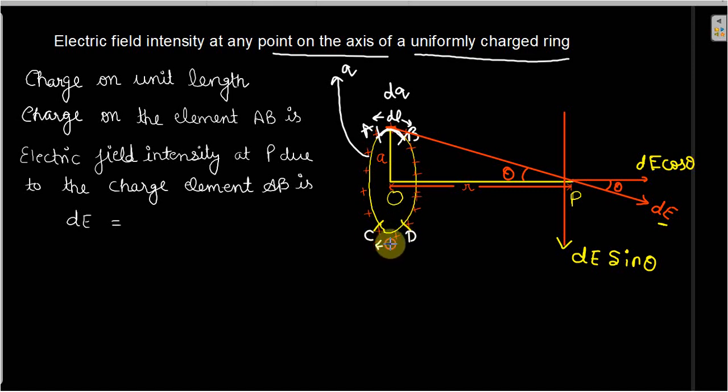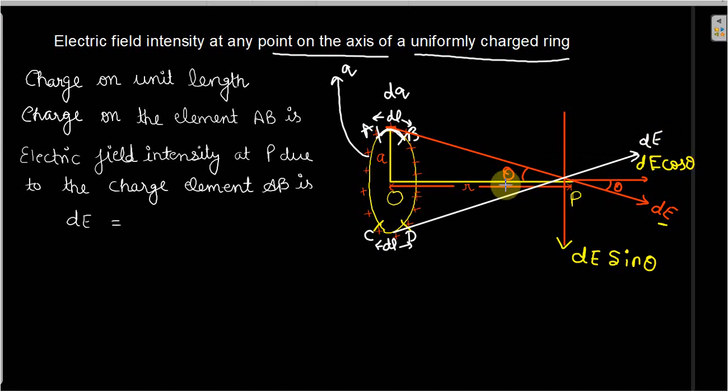Again the length is dl, and it will produce an electric field at point P. So we will draw the electric field at point P. This is the electric field dE produced by the CD element, because both elements are diametrically opposite and both will produce the same electric field since the distance is the same.